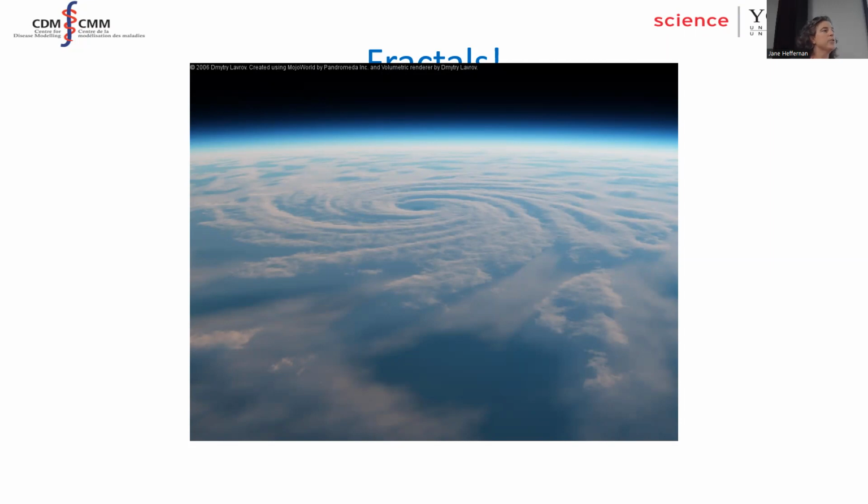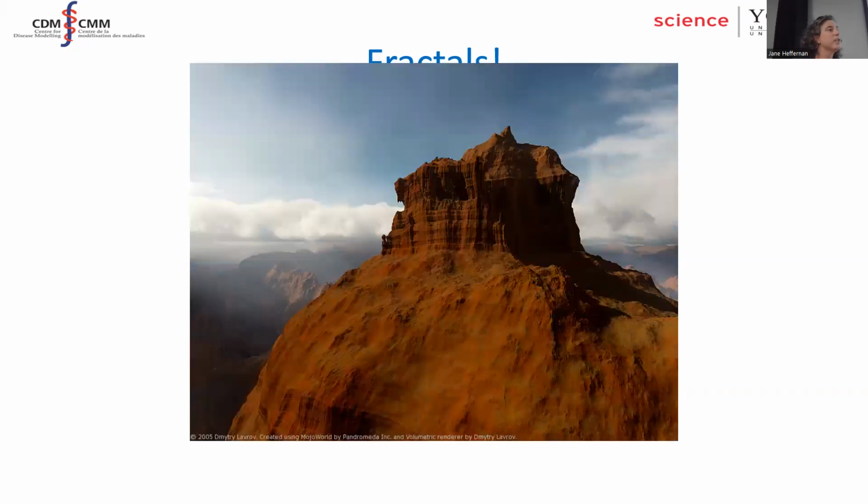This is a computer-generated hurricane cloud using fractals and spiral models, right? This mountain looks real, it's not. This is a computer-generated mountain using a recipe of a fractal.